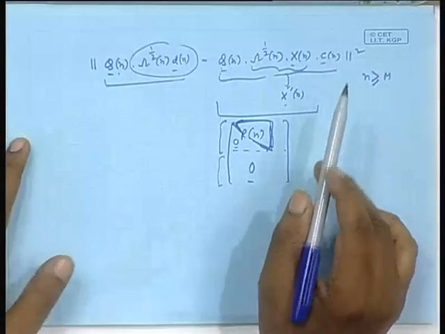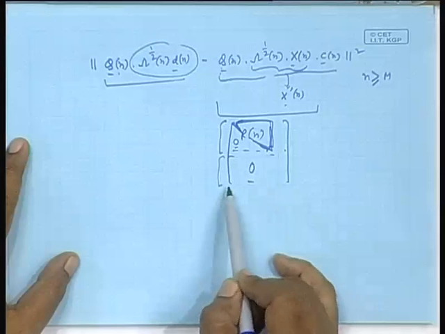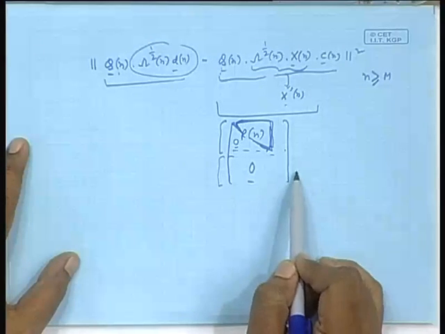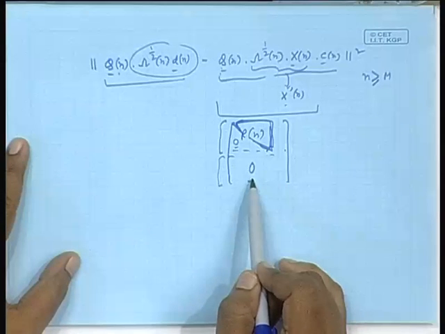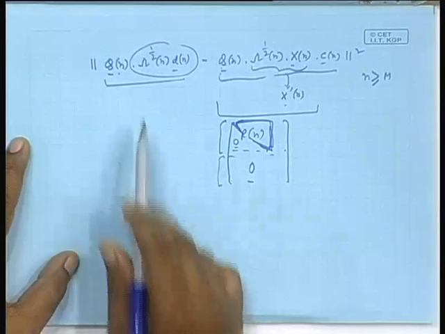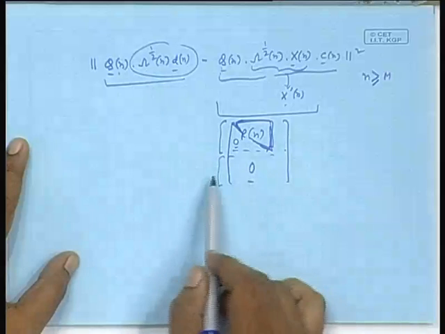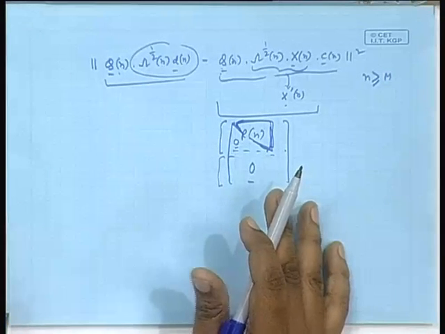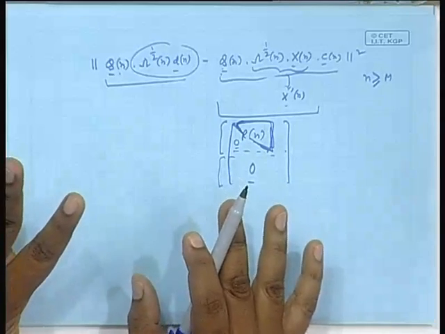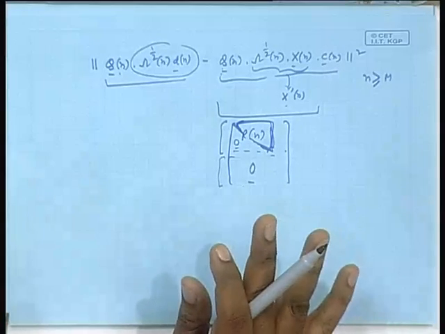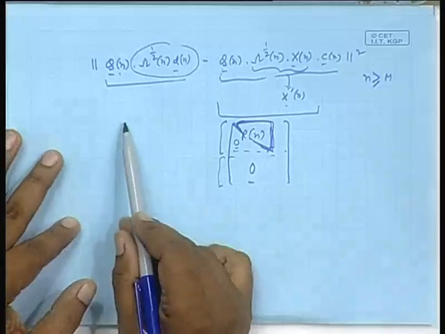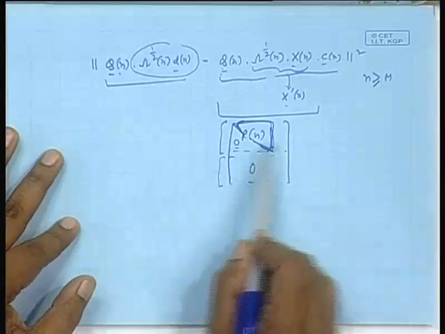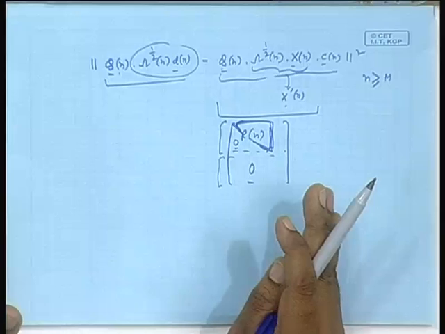Now remember this part times Cn will contribute 0. So this lower half of this vector minus this is independent of Cn, that will always be present in the norm square. This is not removable, and this upper half minus this into Cn can be made exactly equal to 0.